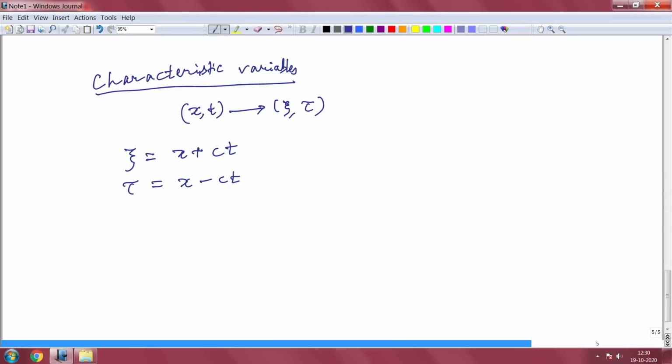The important thing to notice, this we already learnt during the classification of second order equations, is that this is a non-singular change of variables. That is very important.